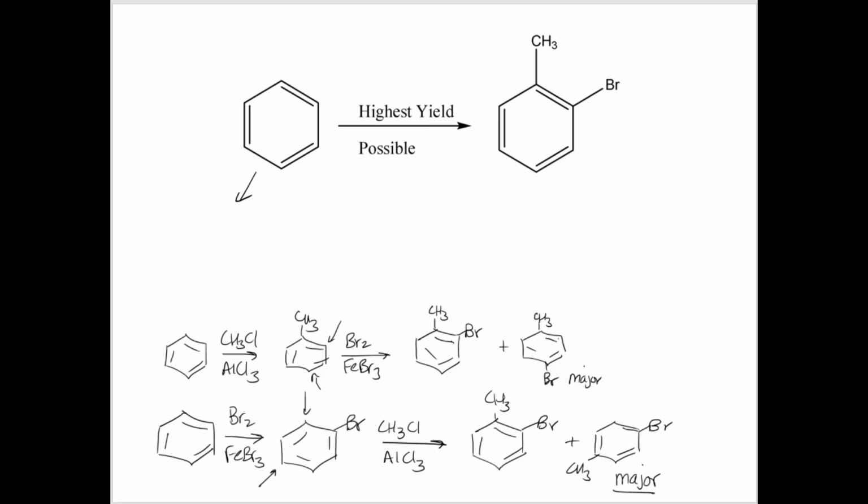Well, here's what I would think about. I would say, okay, I want to put the most activating group on the ring first. So I would put the methyl group on the ring. And then I would say, you know what, I want to block this para position. So what I would do is I would add SO3 with H2SO4.